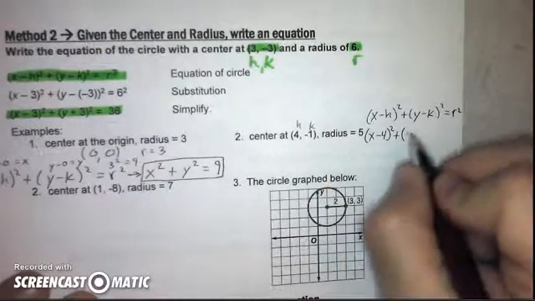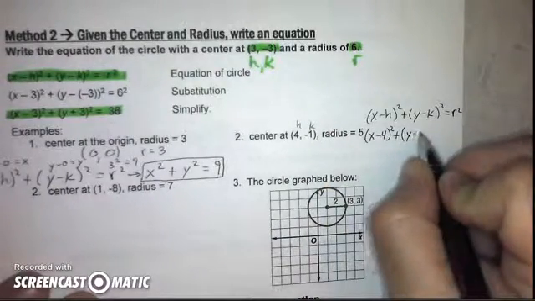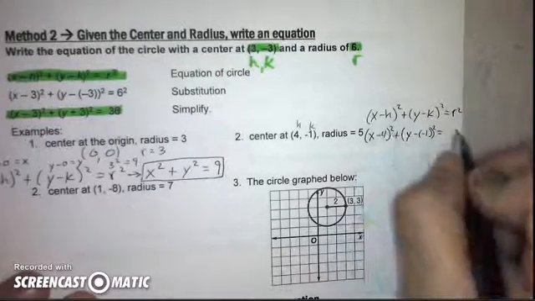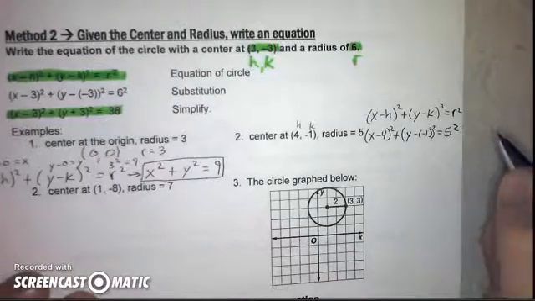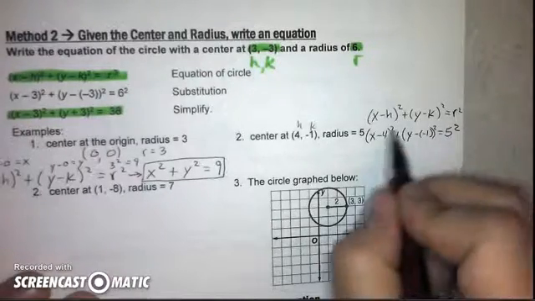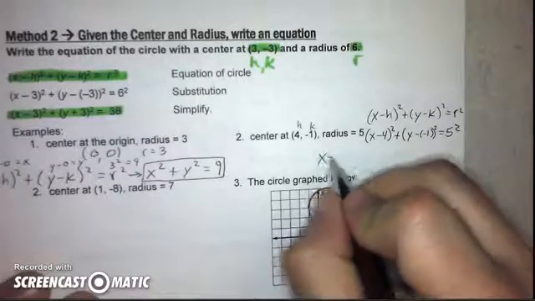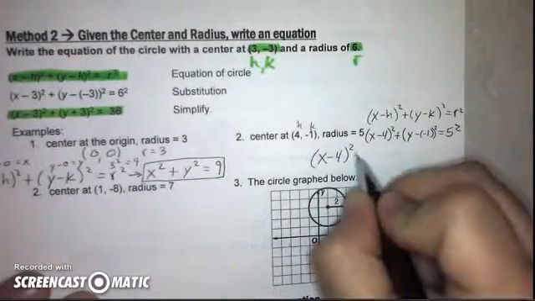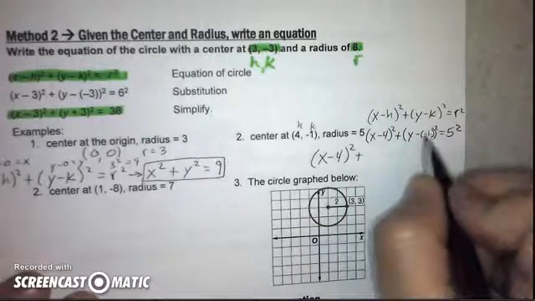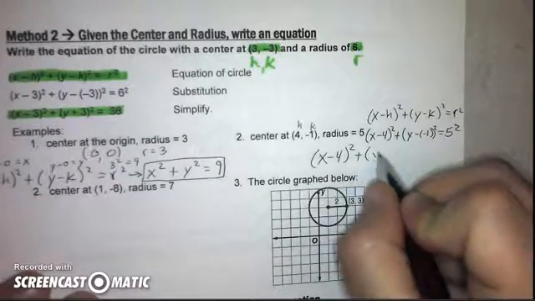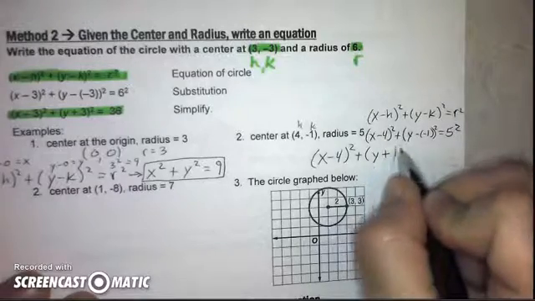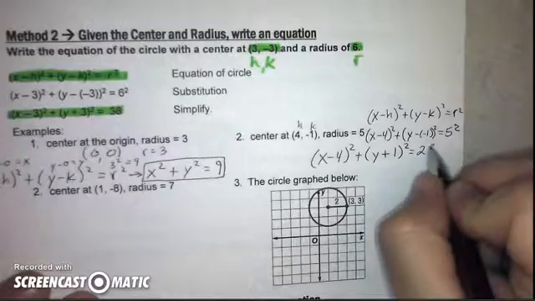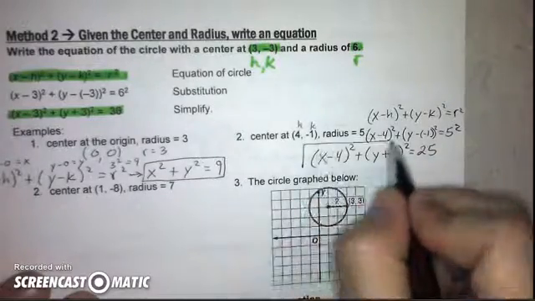K is negative 1, so it becomes y minus negative 1 squared. And our radius is 5 squared. Now let's simplify that. This first part doesn't change. X minus 4 squared. Plus, this part can be simplified. Remember that minus a negative always changes to plus. And 5 squared is 25. So that's how we write our equation of that circle.